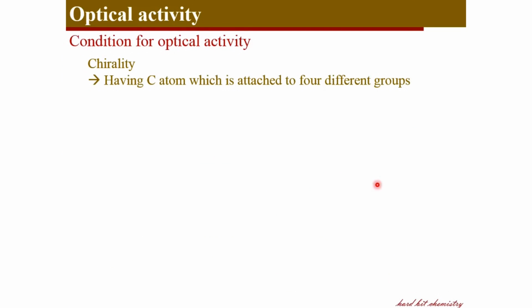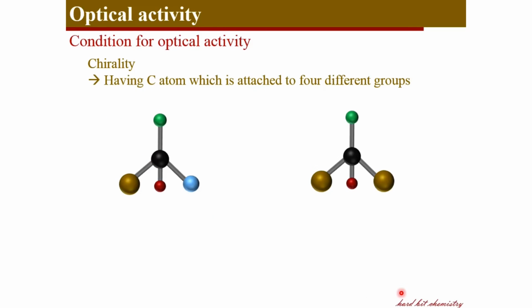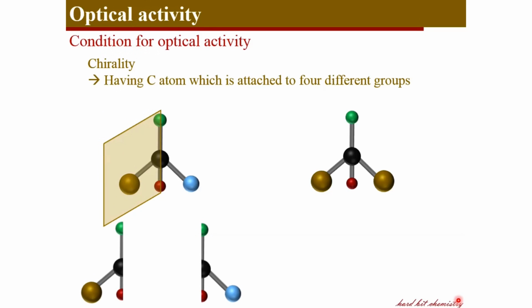That is, the molecule should have at least one carbon which is attached to four different substituents or four different groups. Like this. Here, the carbon in the middle is attached to four different atoms or groups, and here in the other case, this carbon is not attached to four different groups. The two substituents are the same here. And what is the difference between those two compounds is that if you cut the first molecule through this plane, you can get two unequal halves.